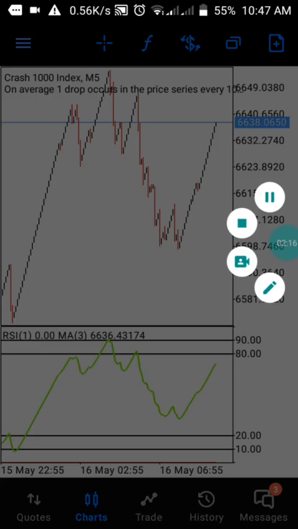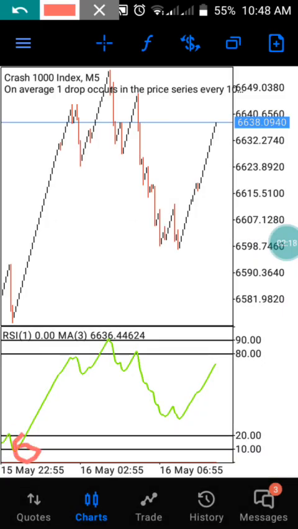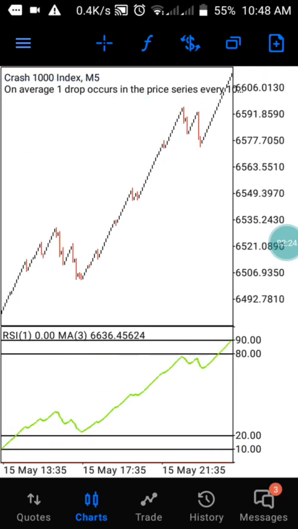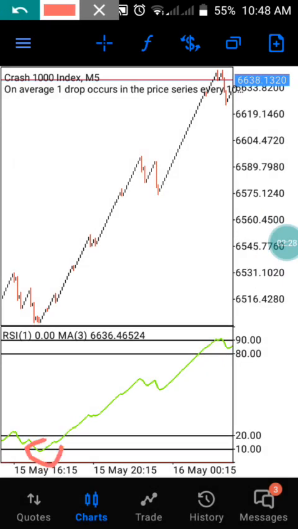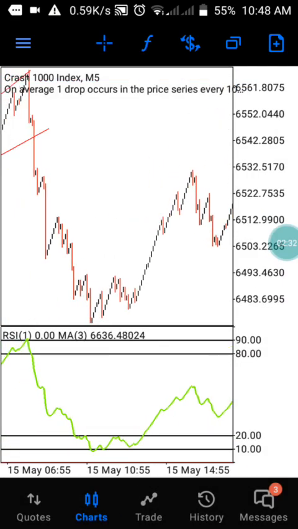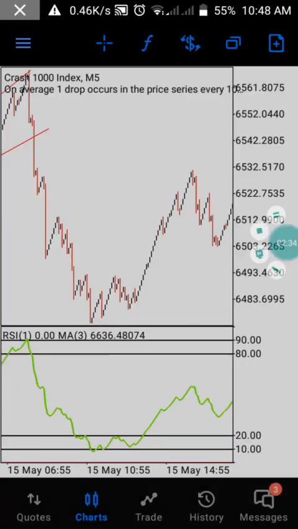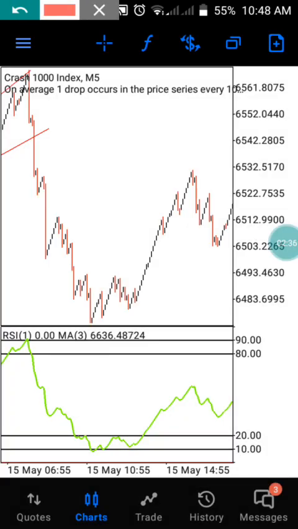The same thing happens here at this moment when it respects the 10 level. What do you see? You see that the market is going on an uptrend. You see it keeps on respecting that level because it has reached our 10 level at this particular moment. You see that it has an entry at this particular moment, which represents this level.